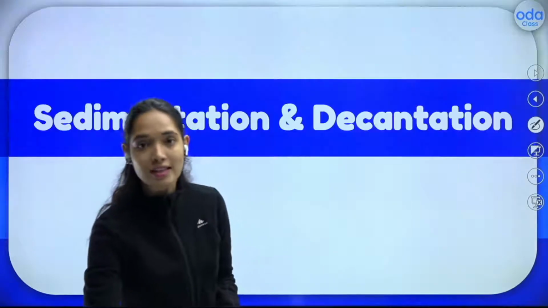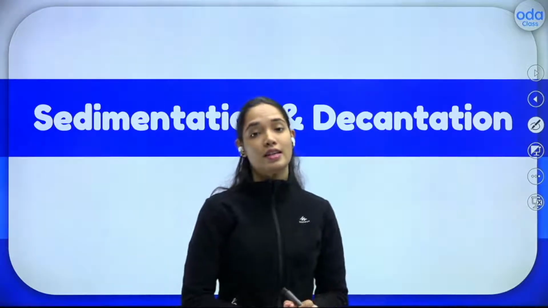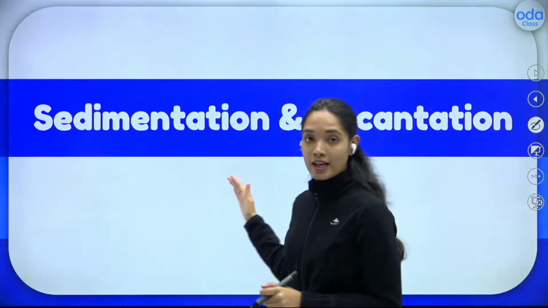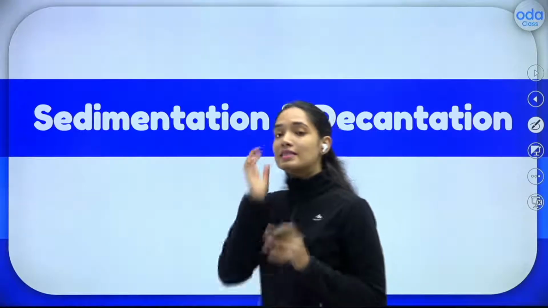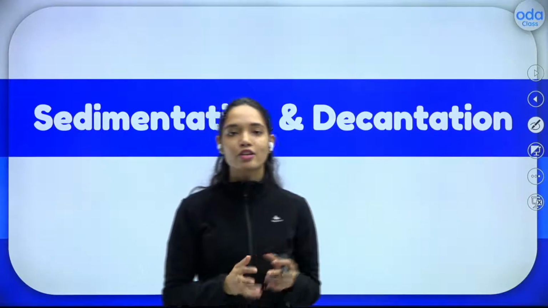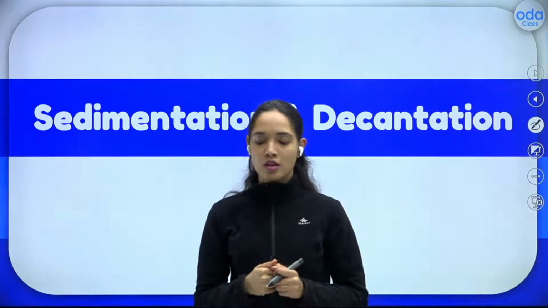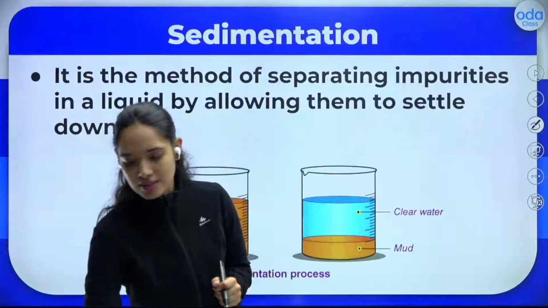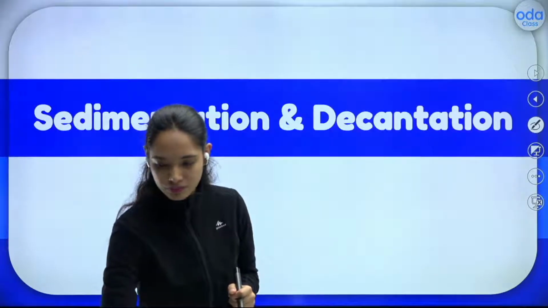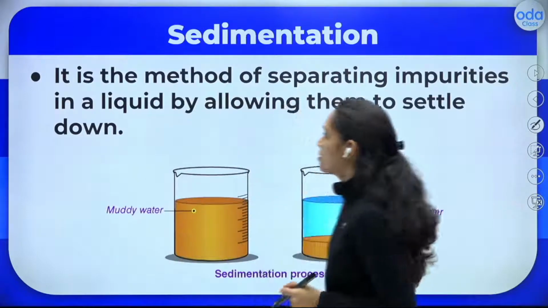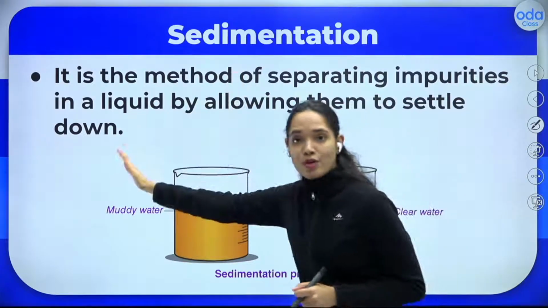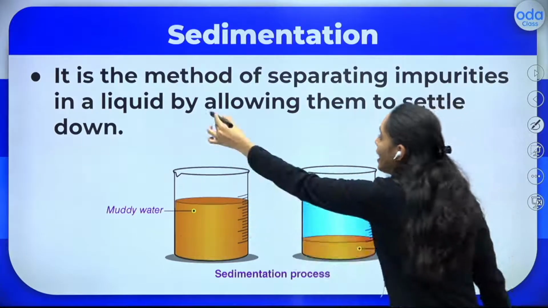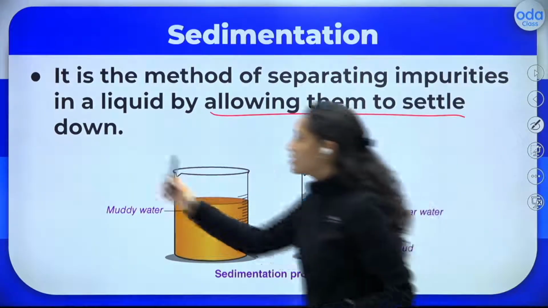Now students, the next method that we are going to learn is sedimentation and decantation. Students, sedimentation and decantation work hand in hand. So first let's learn about sedimentation. Sedimentation is the method of separating impurities in a liquid by allowing them to settle down.